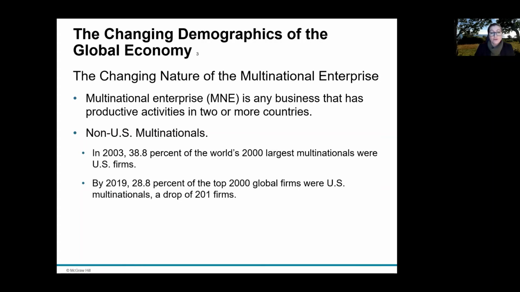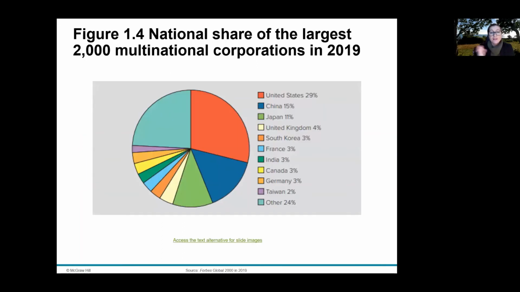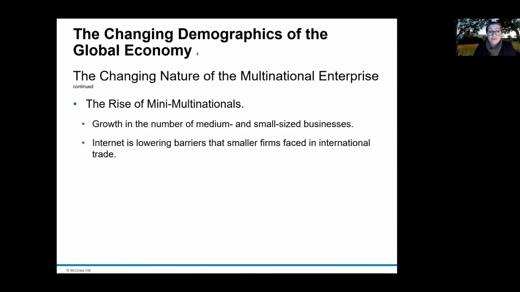So a drop of 201 firms out of the top 2,000 global firms. Here we see that represented graphically with the red portion of this pie chart indicating 29% of American firms were the largest multinational corporations in 2019, whereas the rest, 70% of this pie chart, is the rest of the world. So in other words, the rest of the world is catching up to the US.